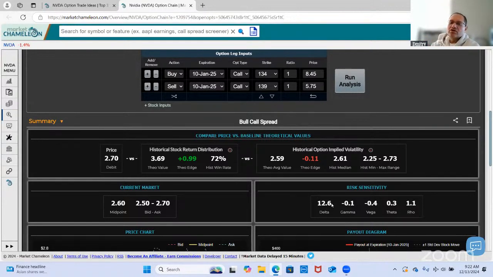That's 12.6, the delta of this spread. It has a gamma very close to 0, negative 0.1. It has a vega less than 1, negative 0.4, theta 0.3, rho 1.1. I only put in one contract, so it's not a lot of risk, but these give us the risk sensitivities of this particular strategy if we convert it to our Greek risks.